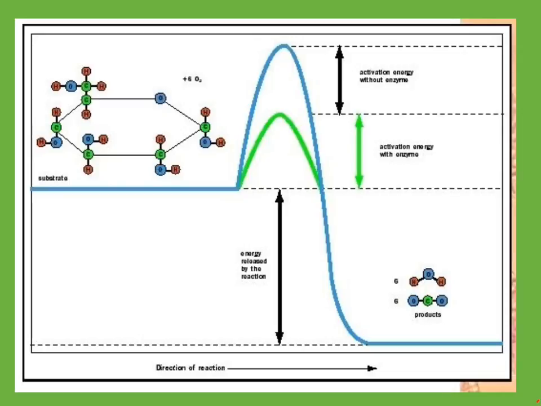Many students get confused when they get to such diagrams, and to interpret them is another problem. So just understand the function of enzymes with the activation energy involved, and you realize that where enzymes are involved, the activation energy is low, and where enzymes are not involved, that is the case of the blue graph, the activation energy is high.